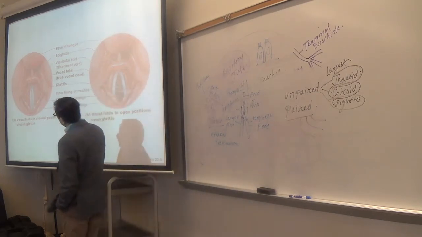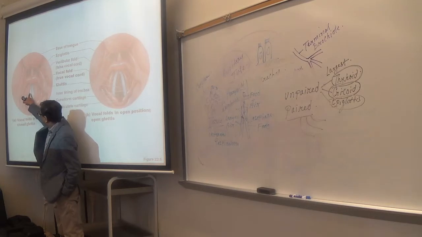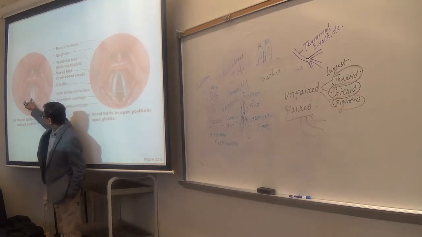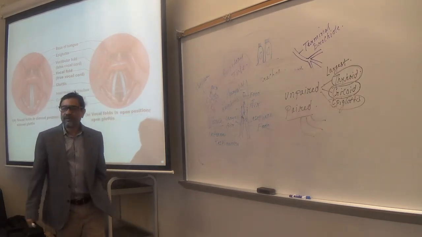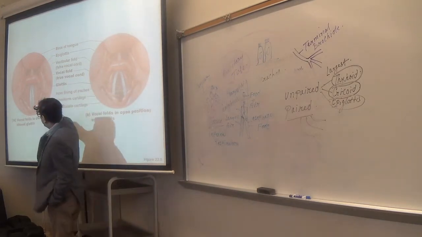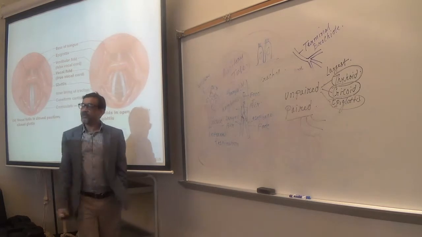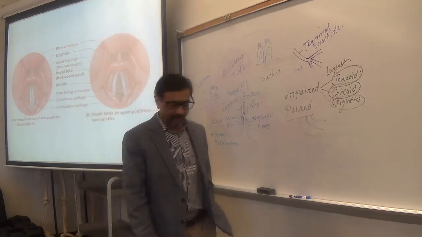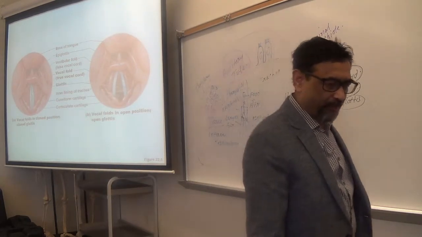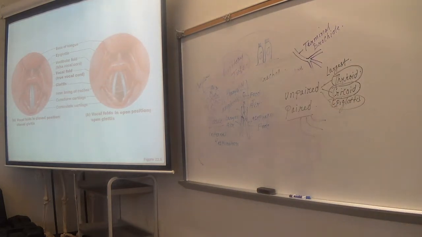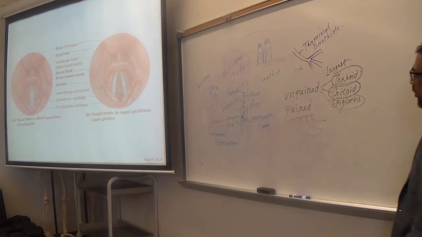True vocal cords are this. They are shown by white. And false is this. Okay? False is also called vestibular. So, true vocal folds or cords and false or vestibular vocal folds or cords.